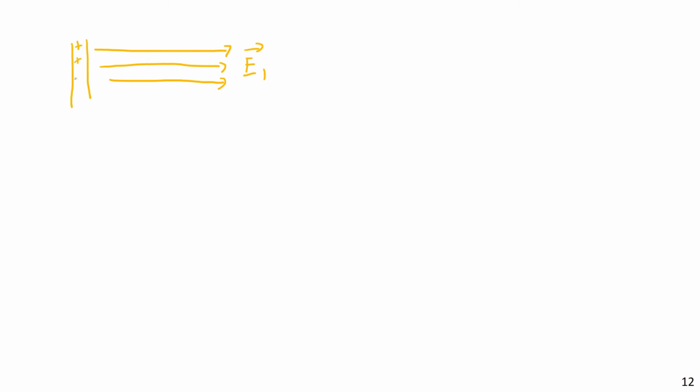So there's a set of positive plates here, and just a single negative plate here. And this E1 vector is, I don't know, maybe 5 newtons per coulomb to the right. And then there is another set of plates. Maybe there is a positive plate here.